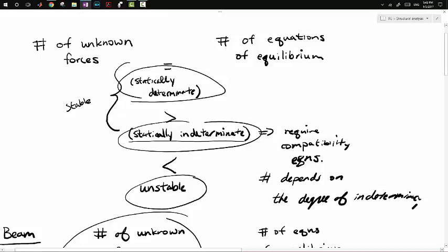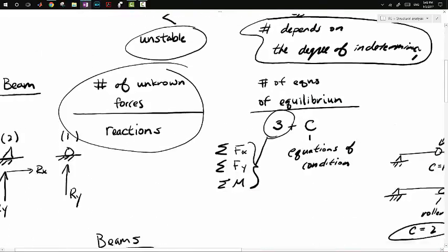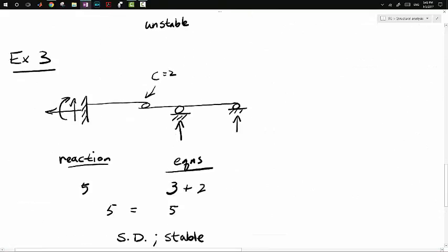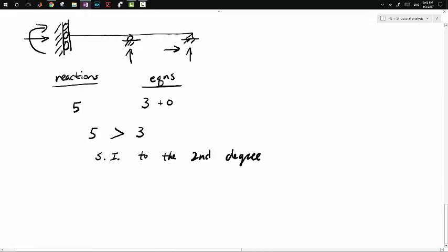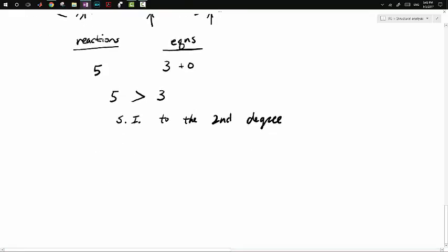And again, that number of compatibility equations that you will require to solve all the unknowns depends on the degree of indeterminacy. And in this example, we have statically indeterminate to the second degree, so you will require 2 compatibility equations. So I have one more example here. It's kind of out of the ordinary.